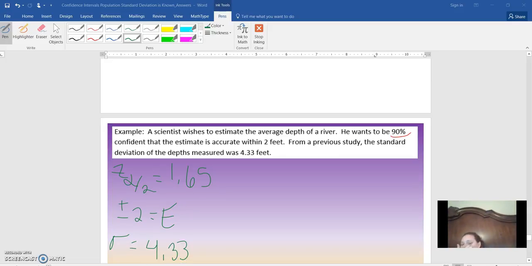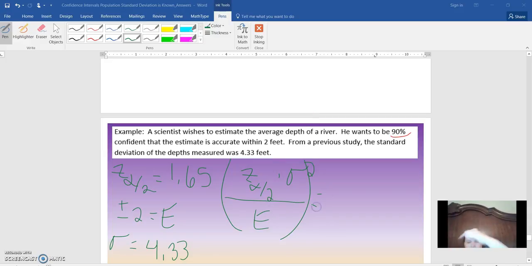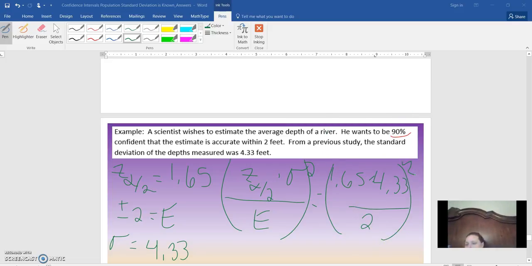And so we're going to do z alpha over 2 times sigma over E, squared. I'm going to do 1.65 times 4.33 over 2, squared. 1.65 times 4.33 divided by 2.